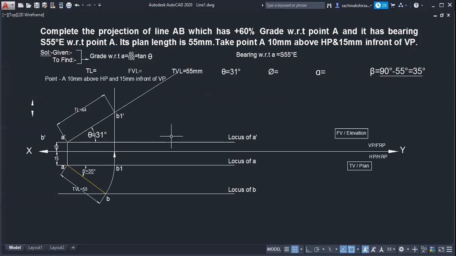B1 point we got. From B, that was a straight line. Straight means where? Locus of B dash. First we have to draw the locus of B dash. We can give a name to this locus of B dash.